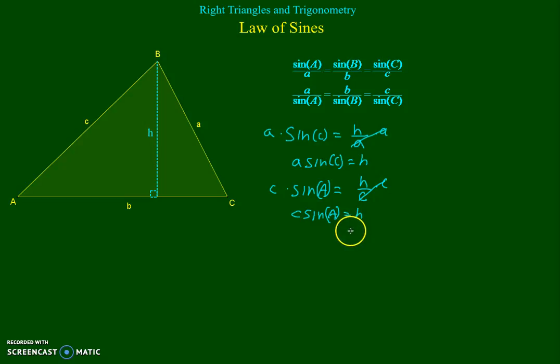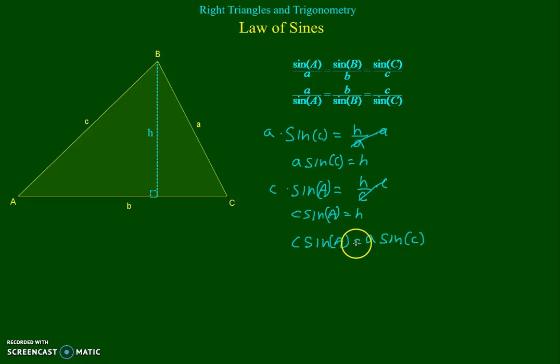Now, let's compare these two. Since C sine A equals H and A sine C equals H, I can say C sine A equals A sine C.